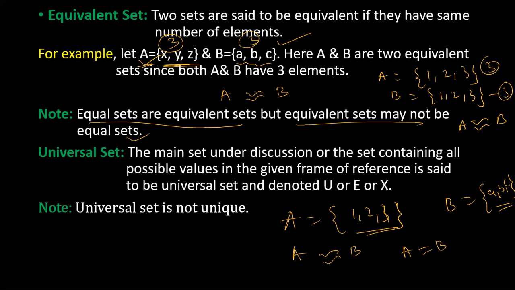So this is not an equal set. And now the universal set. Universal set, obviously, is not unique. The set under discussion, or the set containing all the values in the given frame of reference, is said to be the universal set, and it is usually denoted as U or X, somewhere it is E.